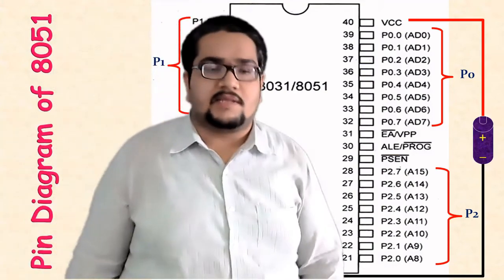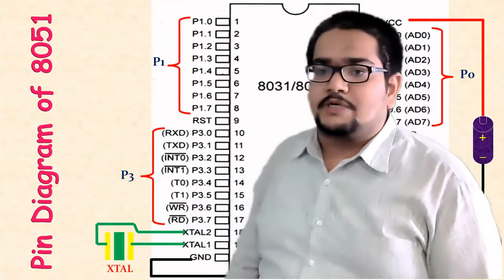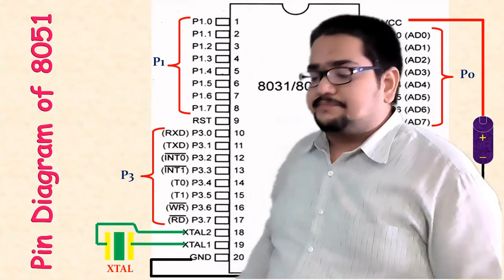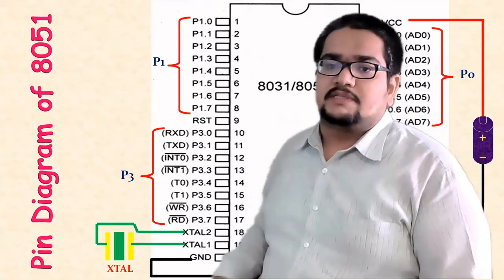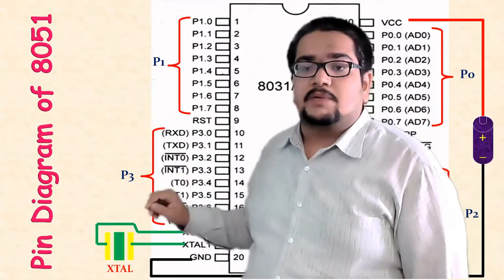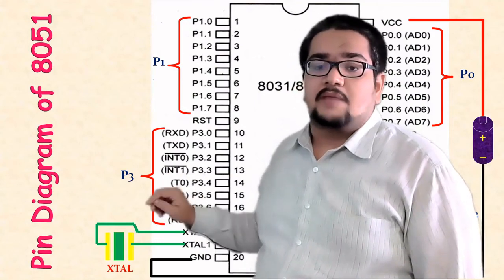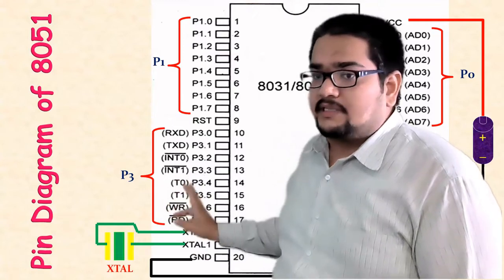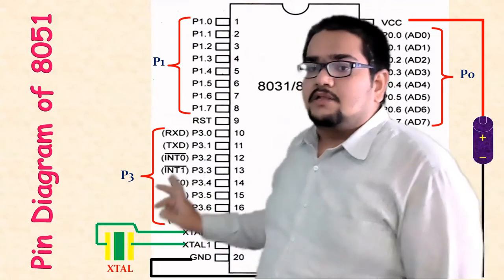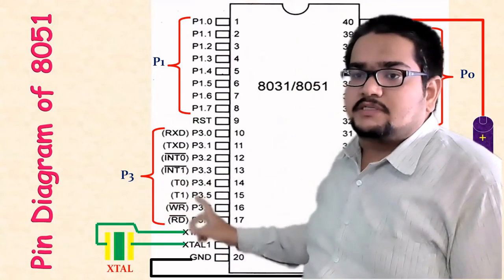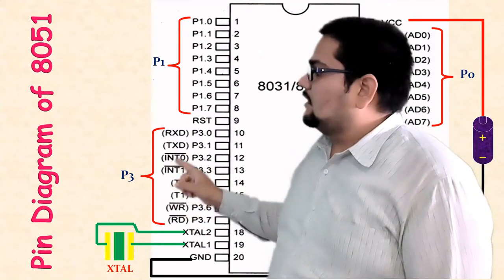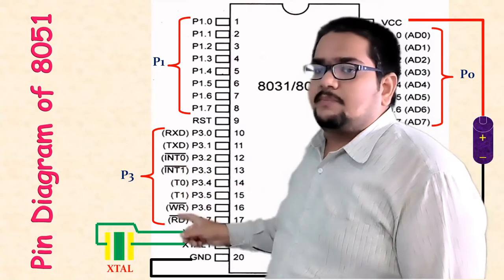Another important thing which I again and again ask you to notice and remember: in the architecture diagram, we saw that the signals from the interrupt, serial communication and timer blocks were coming out and connected to port 3. So the relation is that the port 3 pins have a dual function. They can perform two different sorts of functions. You can check P3.0 till P3.7.